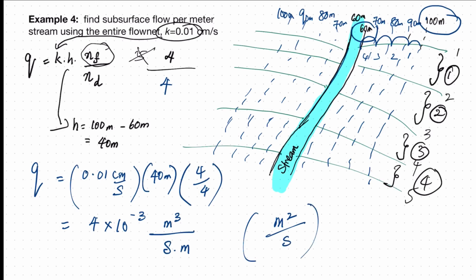But the question asks per meter of stream, so that's why we have per meter of stream here. It's a little bit confusing, but we are not trying to find meter squared per second, but the flow in meter cubed per meter of stream. So this is the answer. Okay.